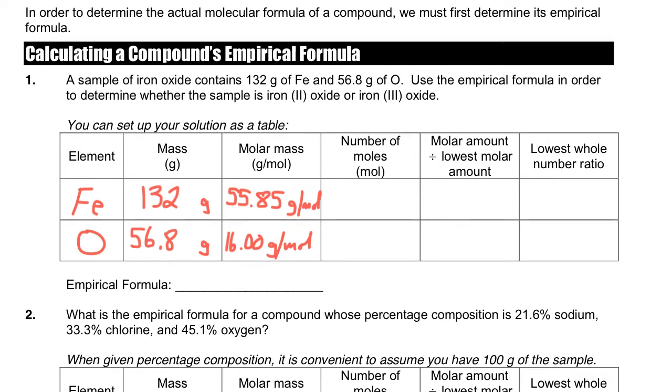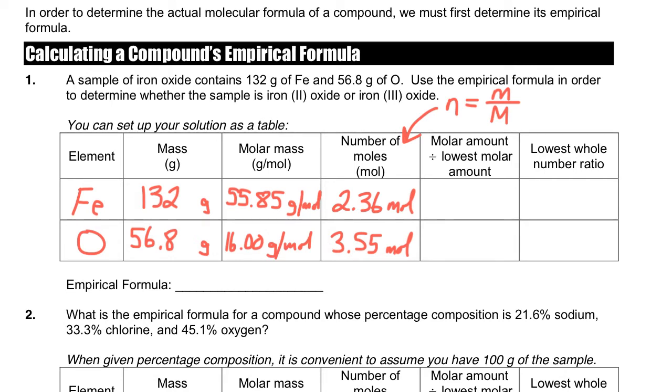Oxygen is 16 grams per mole. And just recall, to calculate number of moles, it's mass divided by molar mass. So I'm going to do that calculation here. I have mass, I'll divide it by molar mass, and I'll end up with the number of moles. So in this sample of iron oxide, I have 2.36 moles of iron and 3.55 moles of oxygen.